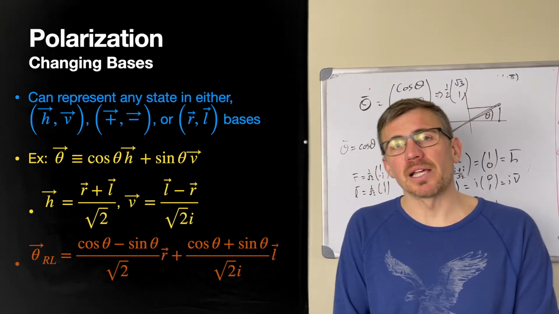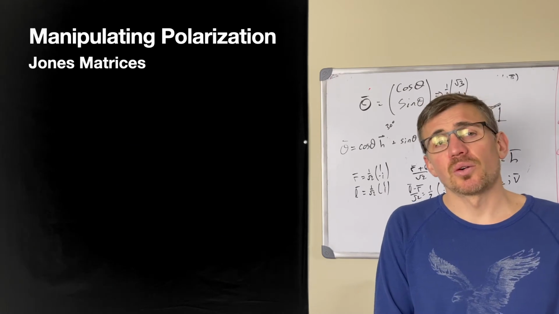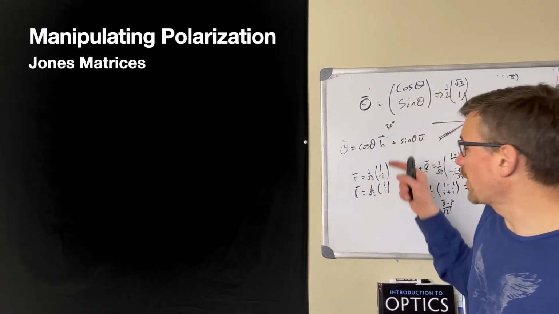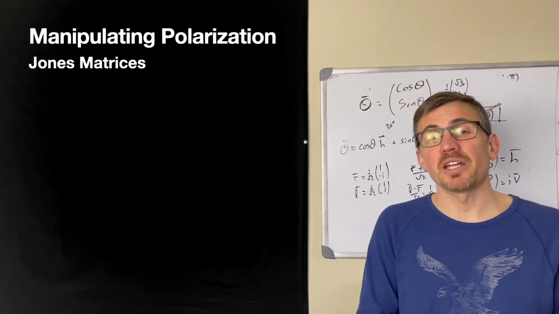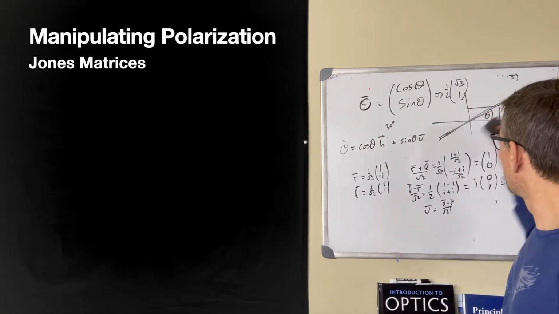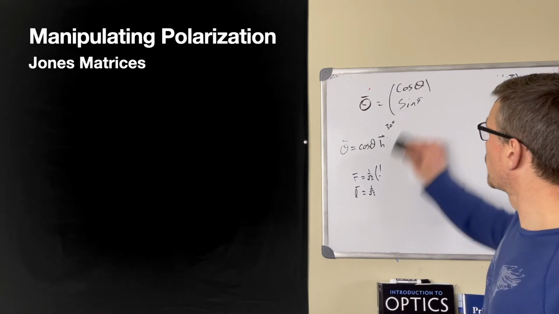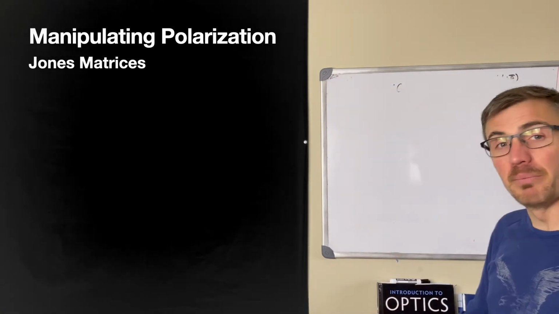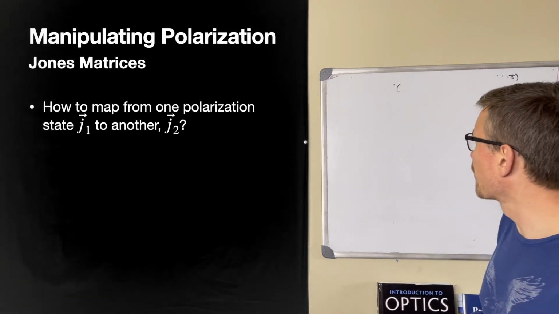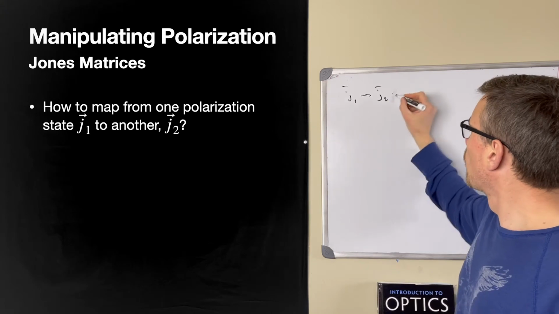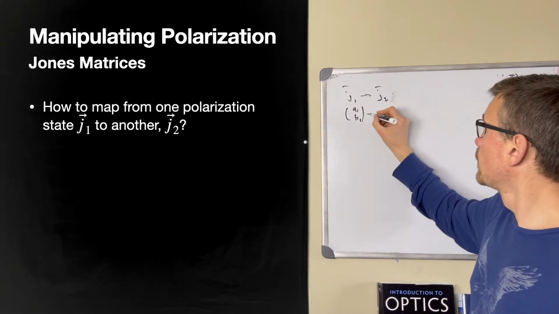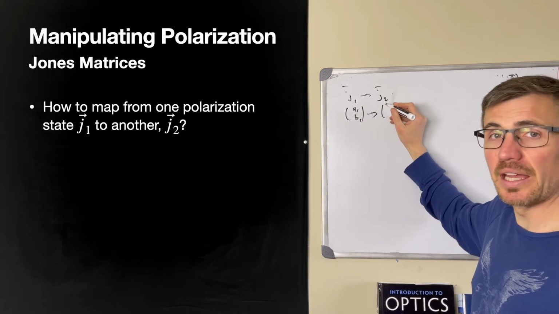Let's talk about manipulating polarized states. This is more of what we call the Jones calculus. So we have Jones vectors, and now we're going to talk about Jones matrices, which manipulate polarized light. The general problem is to manipulate polarized light, meaning going from one basis to another. So we want to go from J1 to J2, or (A1, B1) should go to (A2, B2).